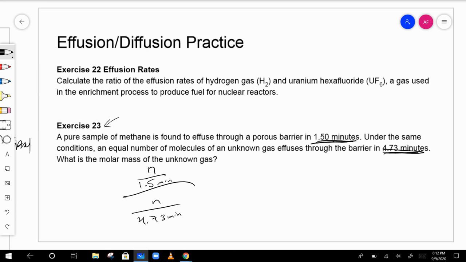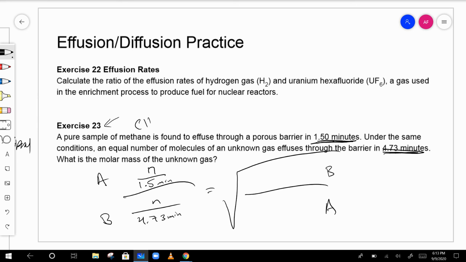Okay, this is the tricky part here. You need to put N, the number of moles, over the number of moles of that, equals the square root of the molecular mass. Let's call this A and this B, right? So this is the mass of B and this is the mass of A. A is methane.